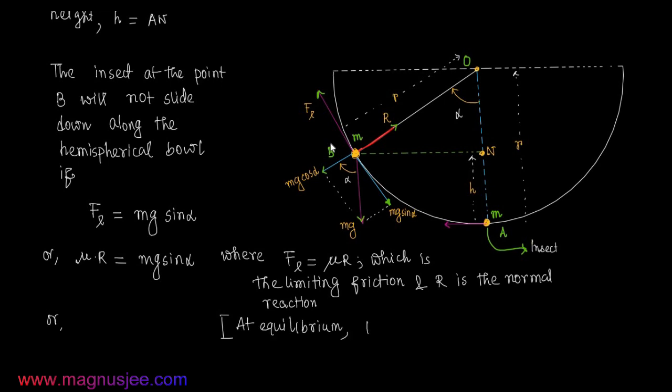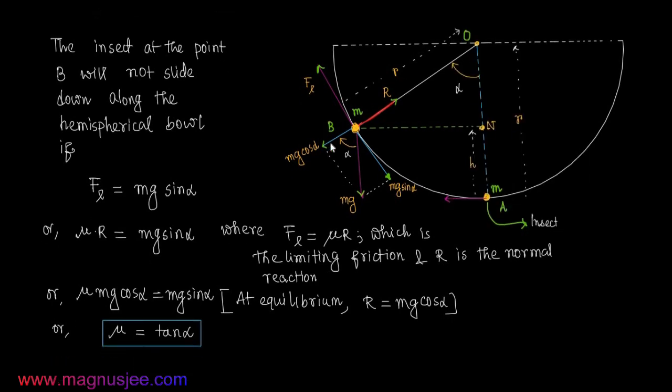At equilibrium, normal reaction R is equal to mg cos alpha, so mu mg cos alpha equals mg sin alpha, or mu equals tan alpha, where alpha is the angle subtended by the oblique radius OB with the vertical radius OA.